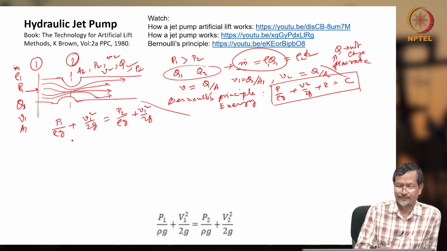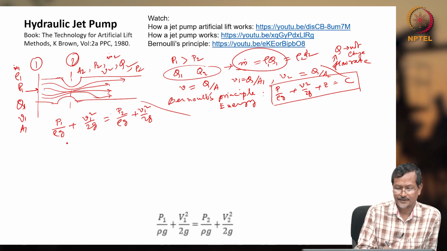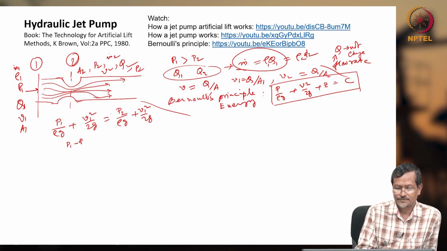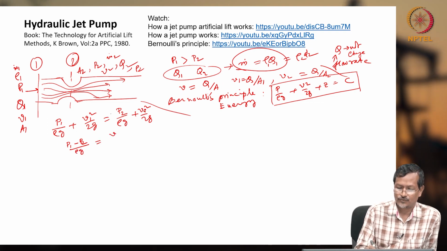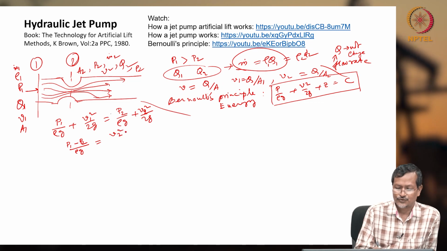If you simplify this, it will be: P1 minus P2 divided by rho g equals V2 squared minus V1 squared by 2g.